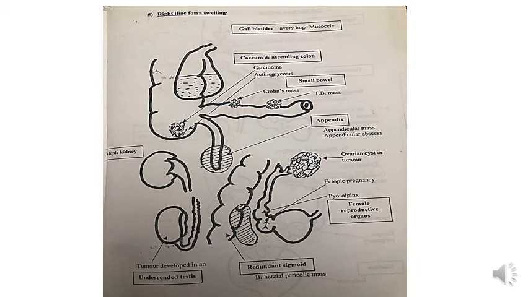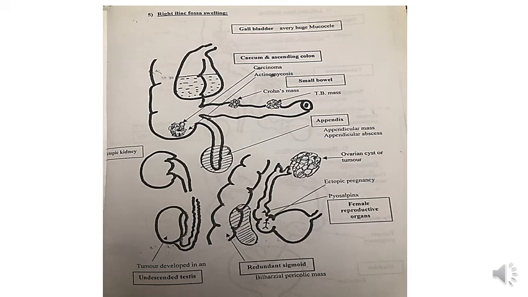Let's say the kidney is an ectopic kidney. As you know, the kidney develops down in the pelvis and then ascends up to its normal anatomical position. So if we have a renal tumor developing with a failure of ascent of the kidney, it will present downward in the pelvis.